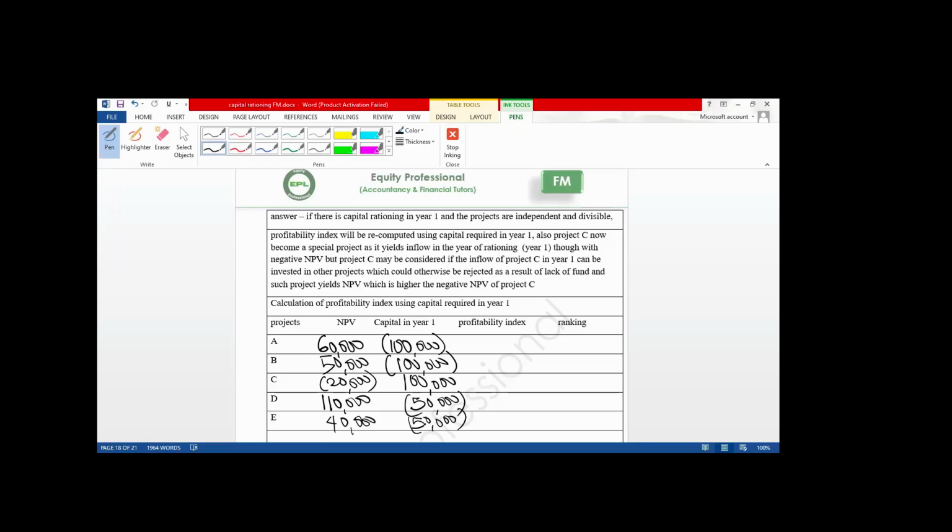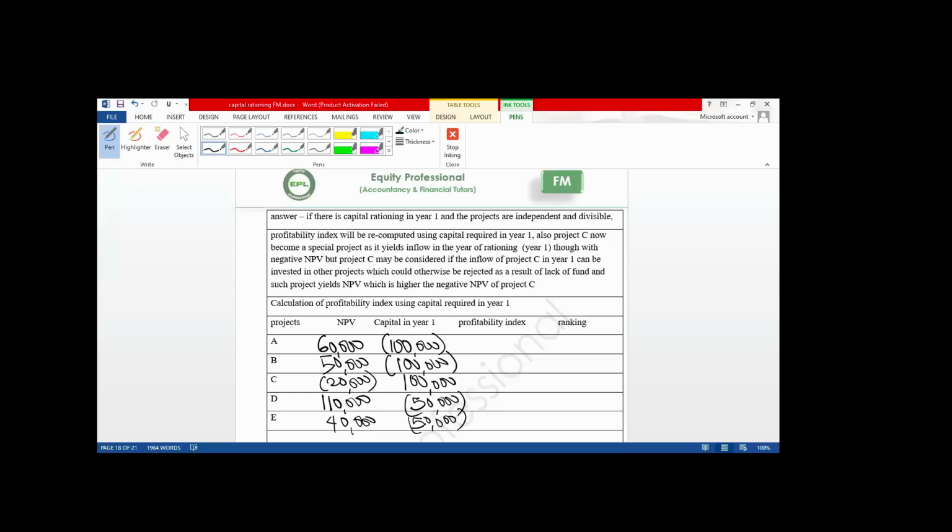In this case, project A will be considered first, because in a year where all projects are giving us negative, all projects require money. Project A does not require any money. In fact, project A is giving us cash inflow. In this case, you are going to treat project A as a special project to be accepted first because of the inflow.